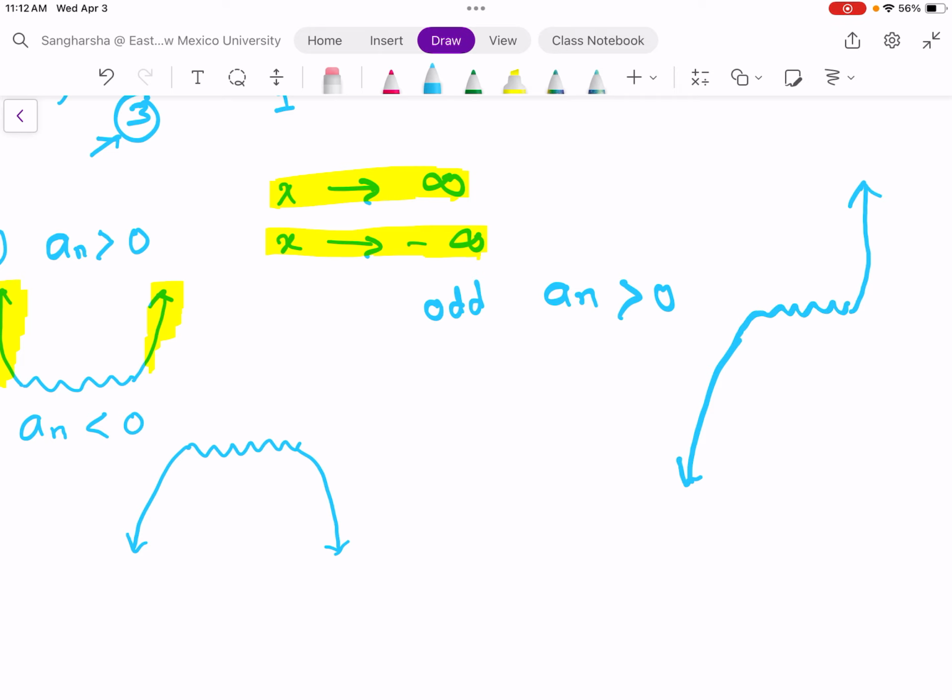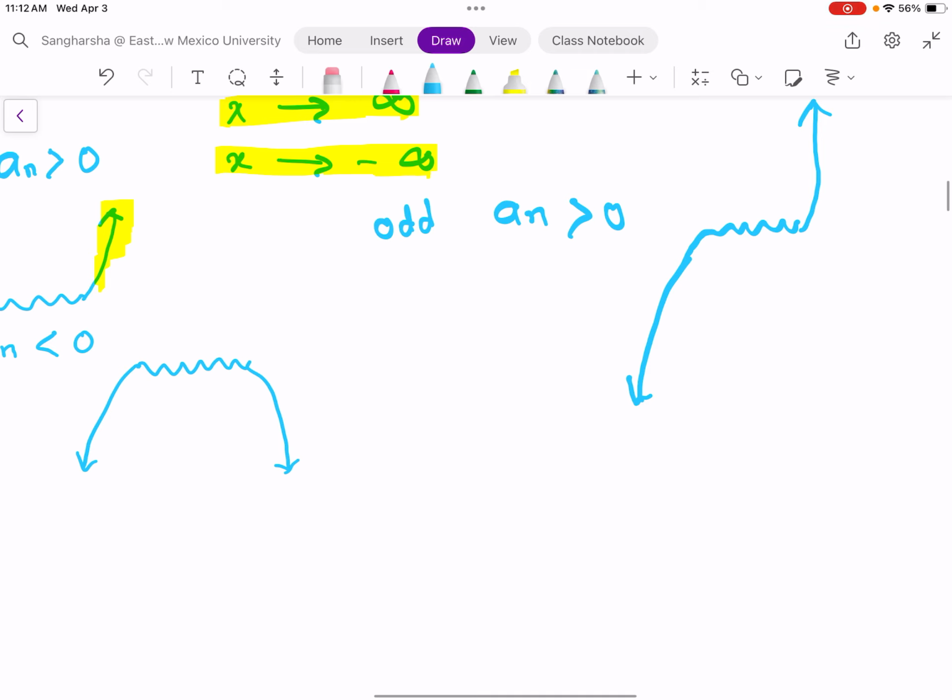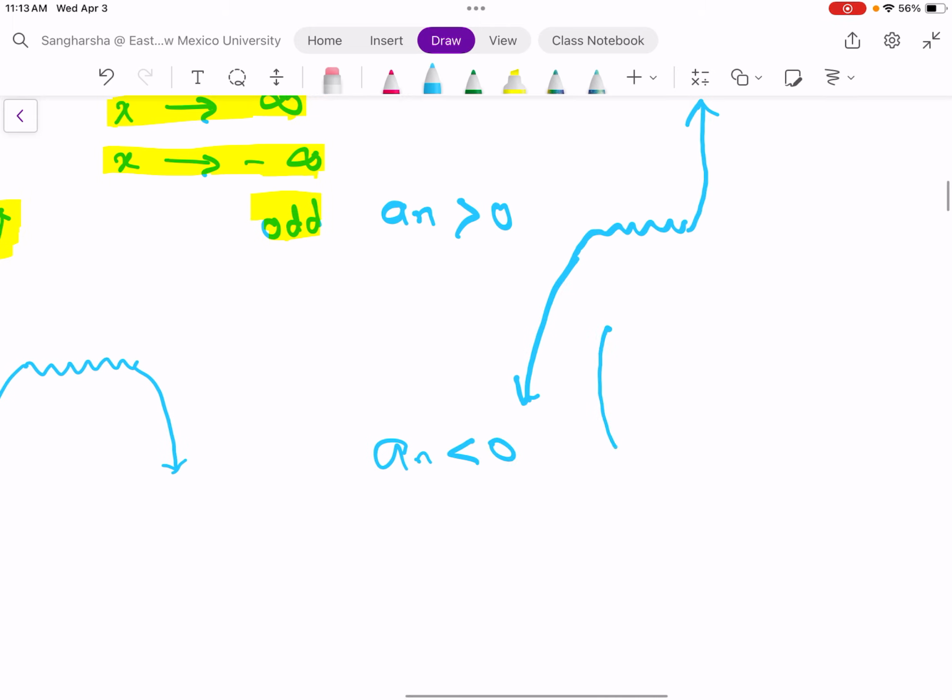Similarly, if the degree is still odd but the coefficient is less than 0, a_n is less than 0, then we have this type of graph. This is what we have on the left side and this is what we have on the right side. So this is the end behavior. If you are asked to write down the end behavior of a function, you can use a graph or you can just write it in words.